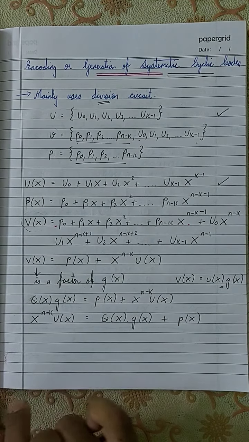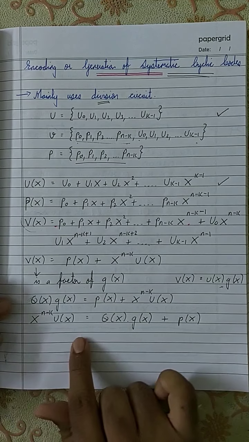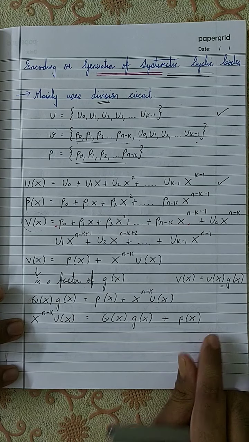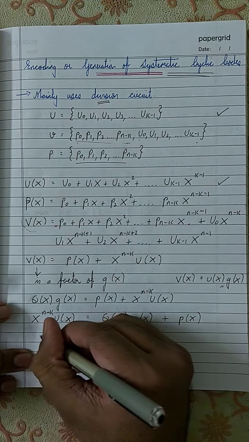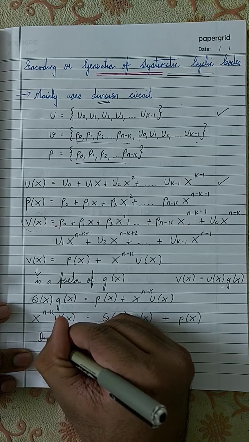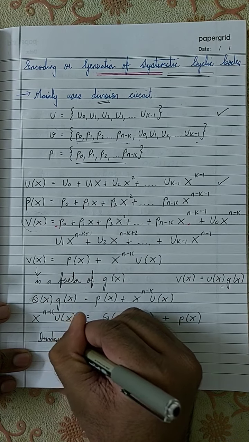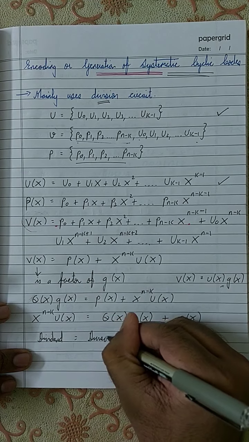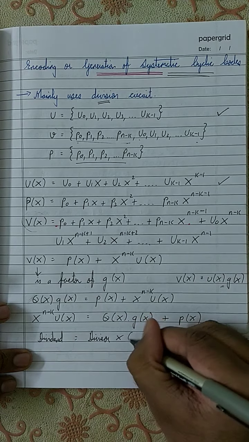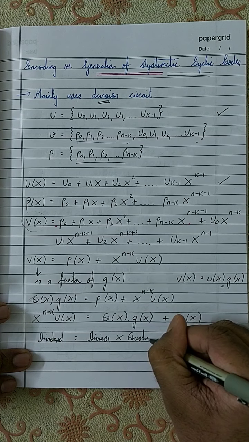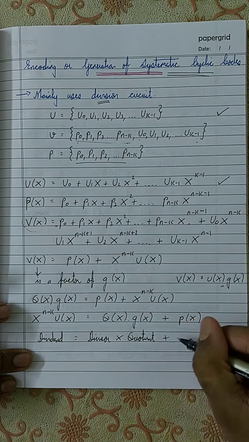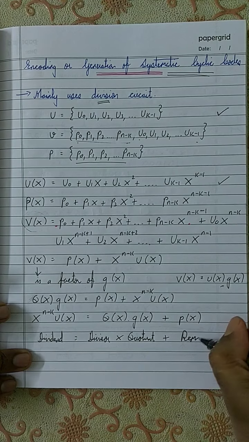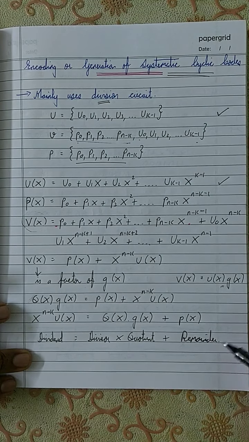Now, in this circuit, in school you have studied this equation: dividend is equal to divisor into quotient plus remainder.